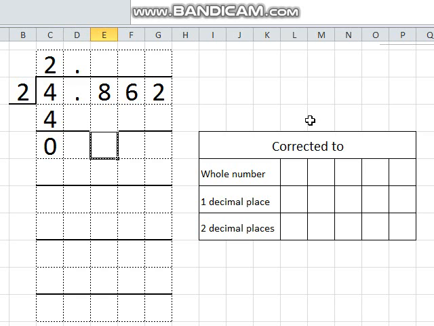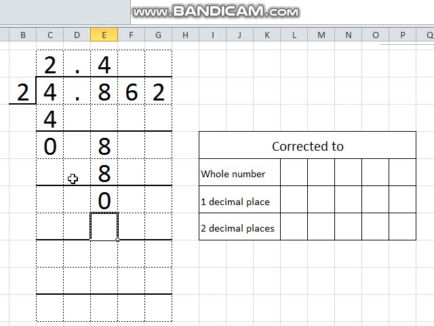Now after that, we move to the digit in the next place value, which is the 8 here. The 8 moves down here, and then 8 divided by 2 is 4. Okay, and then you get the 8 here, and then minus, you get the 0 here. Now let's see here. When you want only to correct the result to the nearest whole number, then you just stop here.